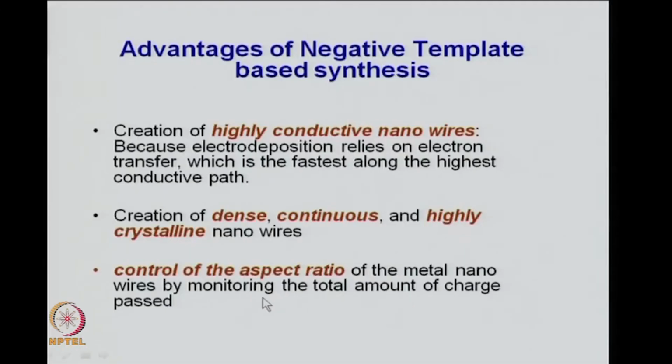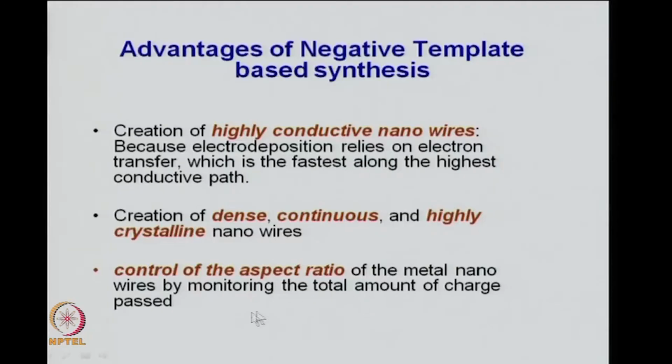So, you can control the aspect ratio of the metal nanowires by monitoring the size of the pores and the amount of the material that you are adding, and if all those are fixed, by monitoring the total amount of charge that you are passing. So, this is another factor. Not only the cylindrical pores, their aspect ratio will matter, the amount of material that you are depositing matters, and that depends on the amount of charge that you are passing.